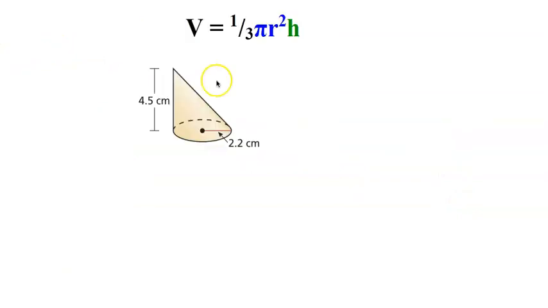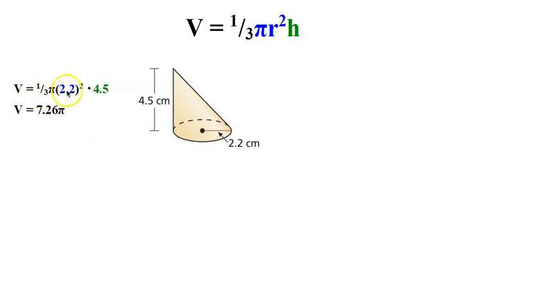So let's do one of these. Okay, so we've got an oblique cone here. We've got a formula. And we want the volume, so we're just going to start plugging stuff into the formula. r is the radius, so that's 2.2, and h is the height, 4.5. So we plug those in, and then we can just stick that straight in the calculator like it is.